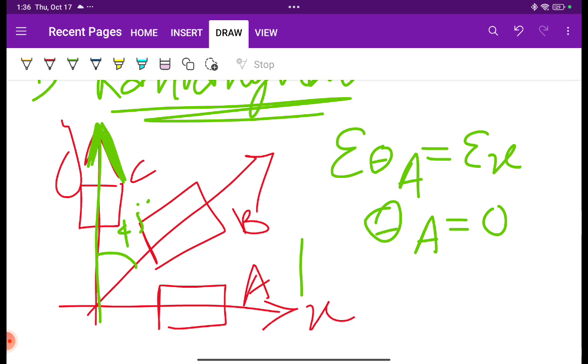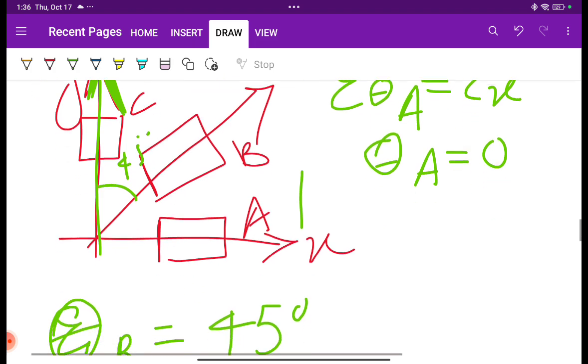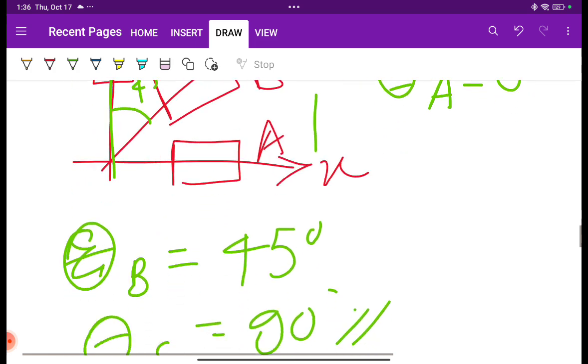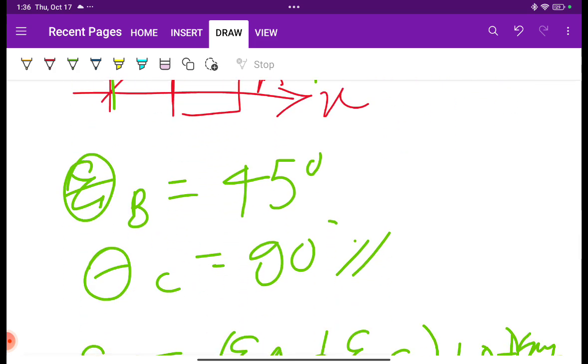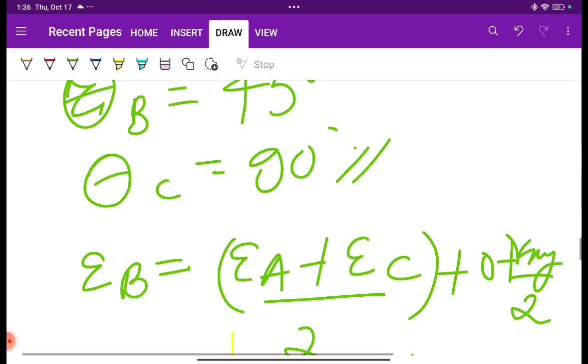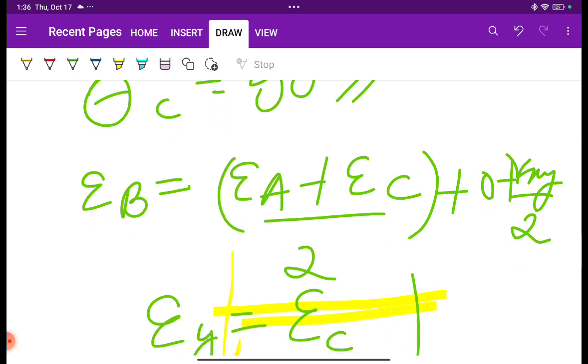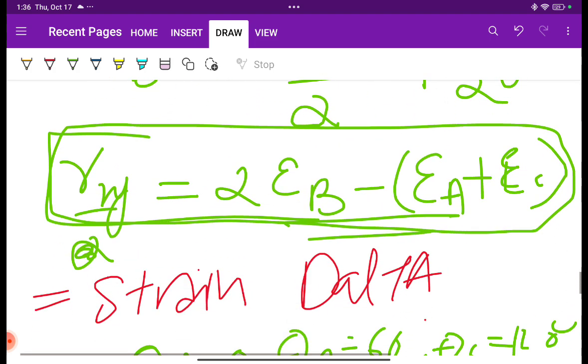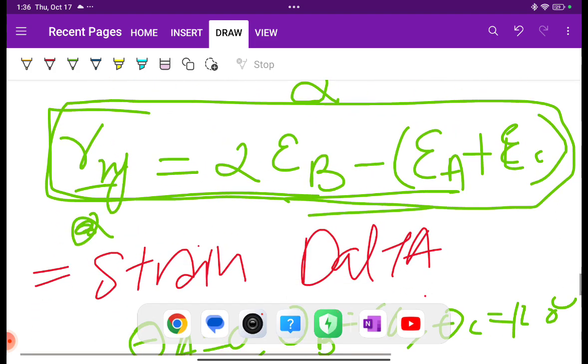For example, the strain at angle theta A will be equal to strain x, since theta A is equal to 0. And theta B is equal to 45 and theta C is equal to 90. In solving the above general equation, we find this form. And gamma xy will be found by reformulating the above equation.